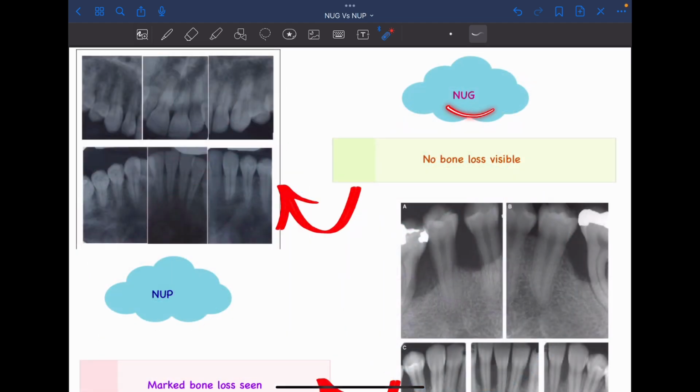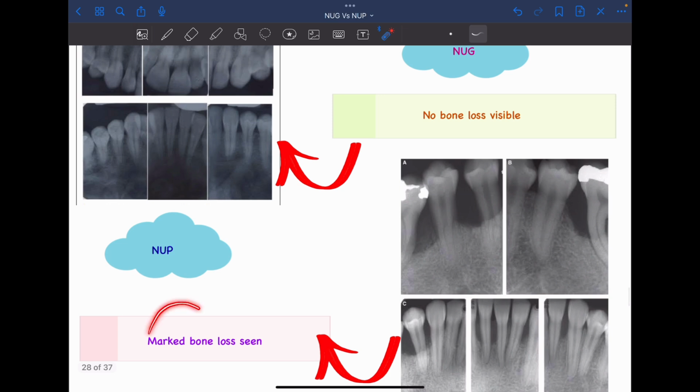So in cases of NUG, you go with either the conventional IOPA or OPG. Here you can see the bone is intact. There is no bone loss whatsoever. Whereas in cases of NUB, there is marked bone loss. So the loss of the bone is a crucial marker for NUB, and it has been mentioned multiple times because you can write this as an SAQ in your paper, by giving headings.